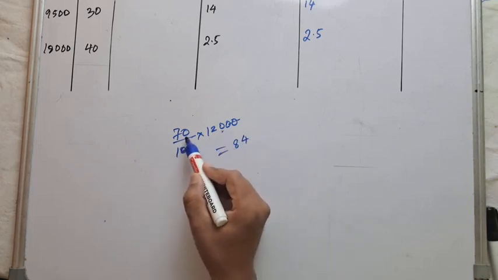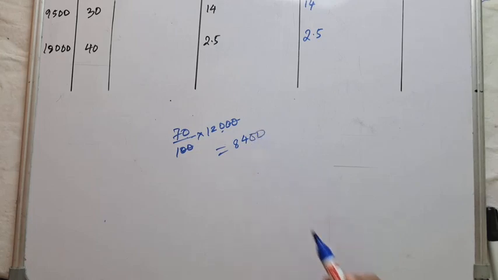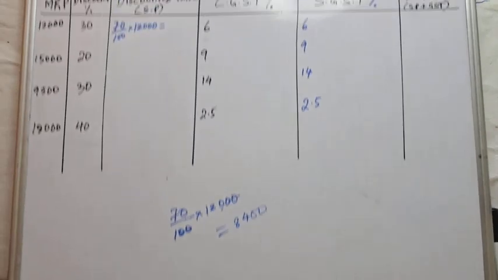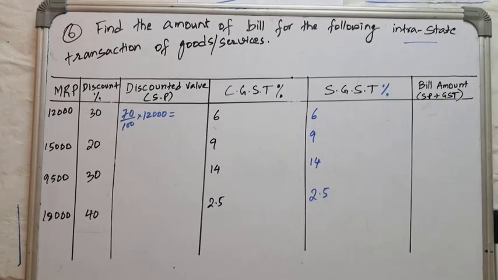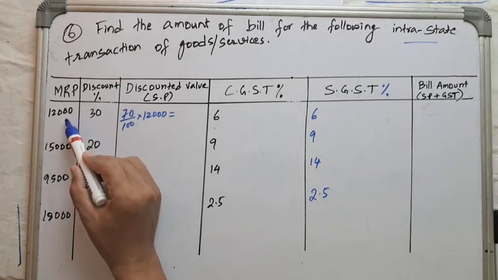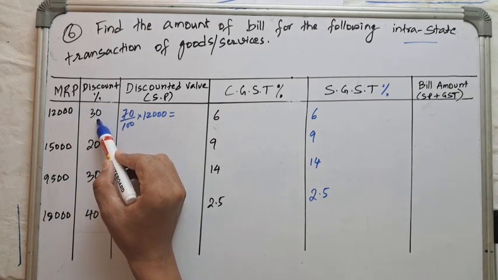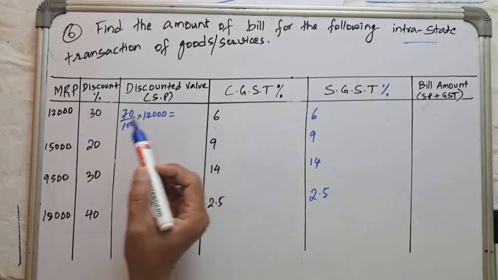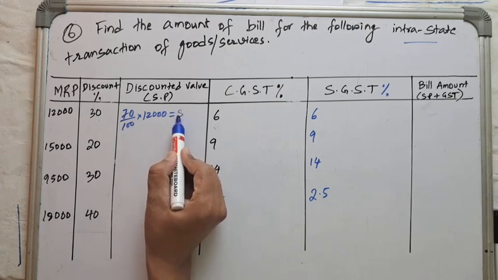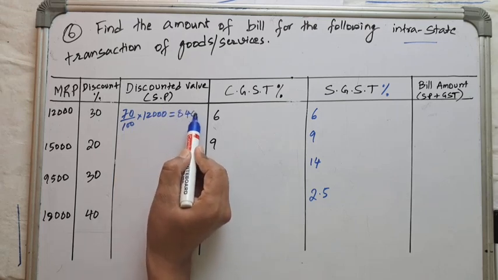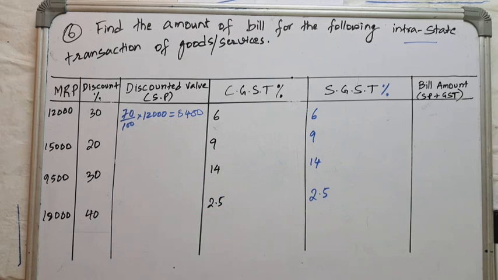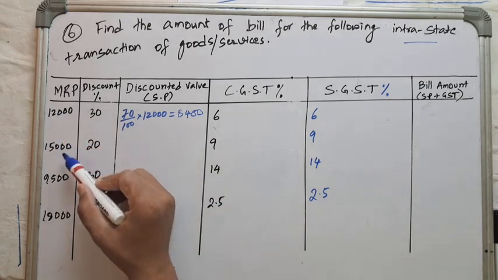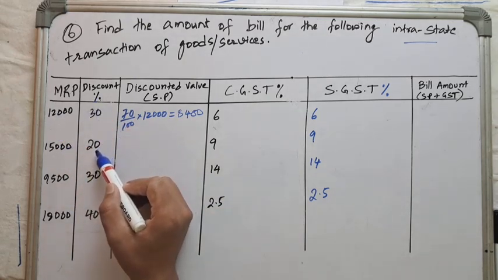So this 0 and this 0 we will write here, 8,400. MRP 12,000, discount percent 30%, which means SP will be 70% of MRP, that is 8,400.